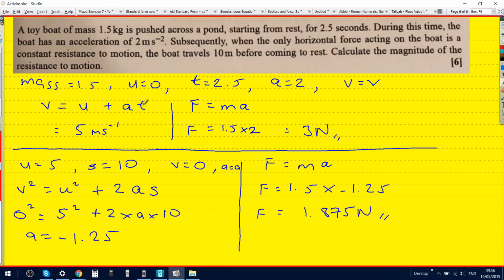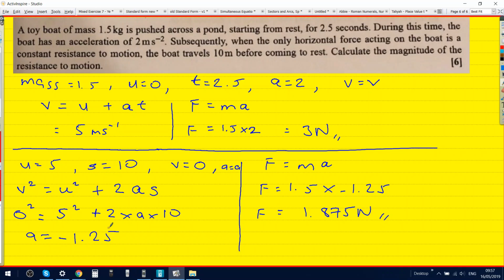So we actually didn't need to find the F = ma for the first half. The problem was we didn't know a, so we had to get a. But in order to get a, we needed v, and v for the second half was u from the first half. So SUVAT for the first half to get v, that becomes your u for the second half.